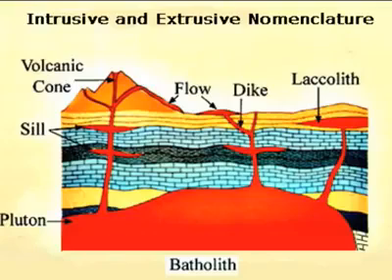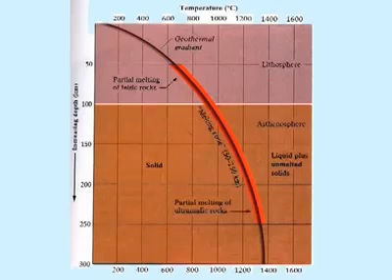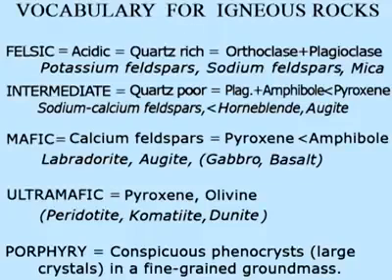The answer, as shown on this chart, the lower melting points, 600 to 750 degrees Celsius, of felsic, light-colored acidic minerals with abundant silica, mainly in the form of quartz, causes them to be segregated from mafic, dark-colored basic minerals, rich in iron and magnesium, with melting points in the 1,000 to 1,200 Celsius range.